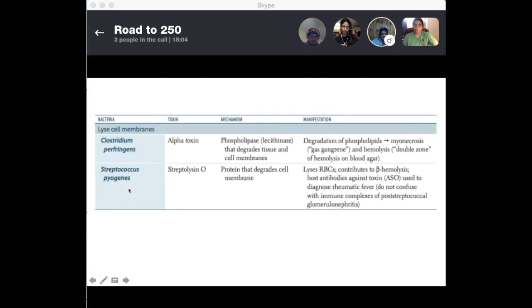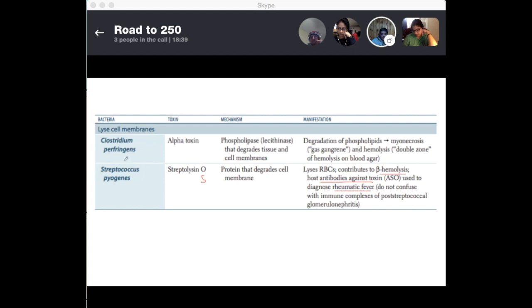So Strep pyogenes releases a streptolysin O toxin. Basically, this is a protein that degrades the cell membrane. These lyse the RBCs. So how is strep beta hemolytic? There's such a thing as streptolysin O and then an S. The two streptolysins help strep become beta hemolytic, and the host makes antibodies against the toxin, which are used to diagnose rheumatic fever.